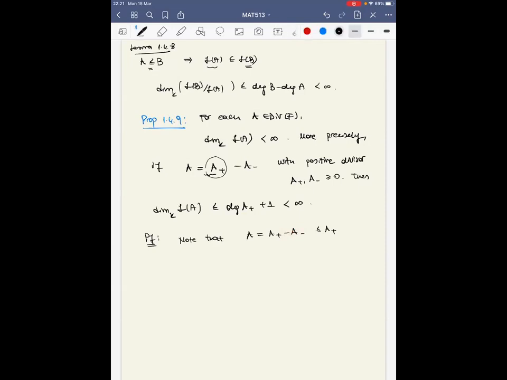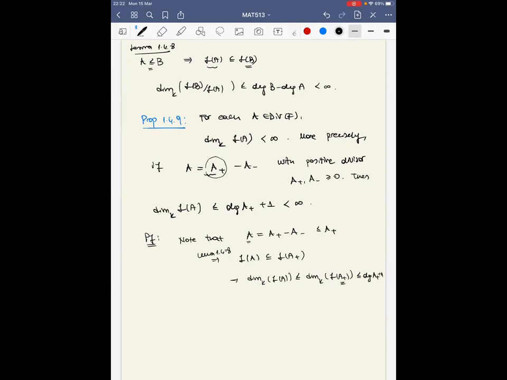Then by lemma 1.4.8, we know that the A space of the divisor A is a subspace of the A space of the divisor A plus, and in this case it will be enough to see that the dimension of the A space of A plus is less than or equal to its degree plus 1.